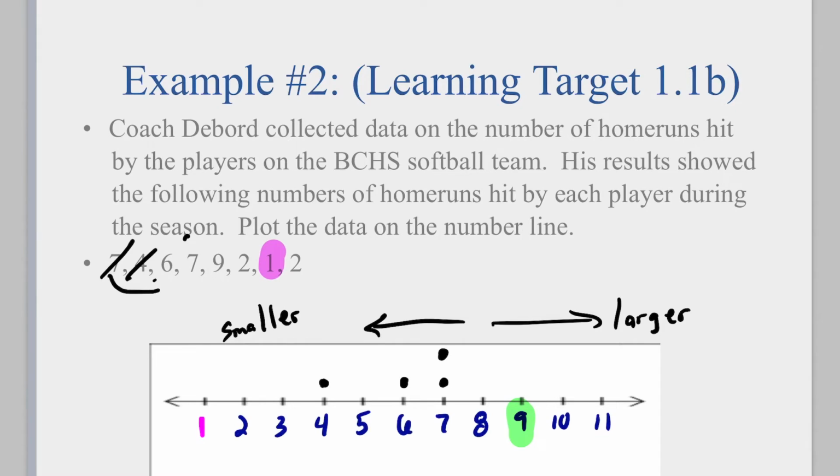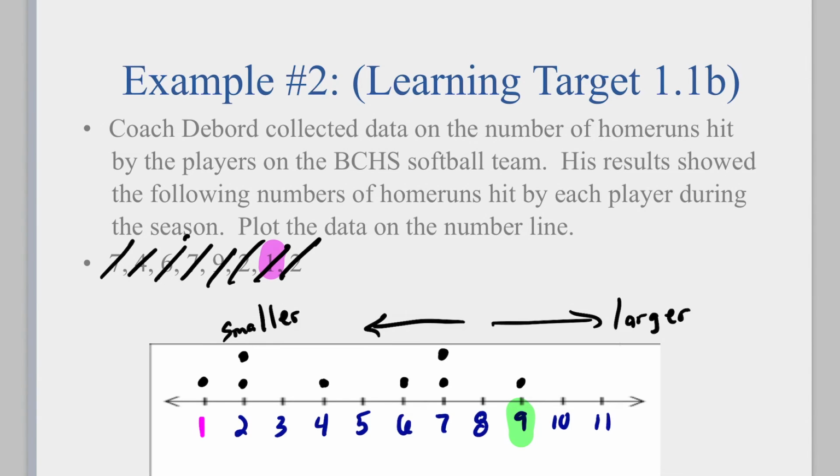So there's my 7 that I've placed on there. So 6 and 7. Now there's the 9. So dot above the 9. 2. Our 1. And once again, we have another repeated number. So in this case, we'll put a second dot above the 2.